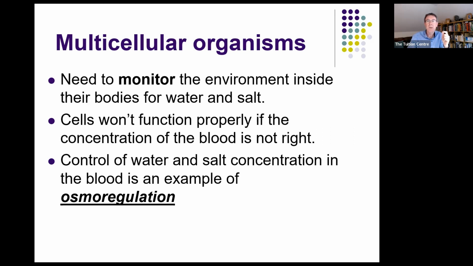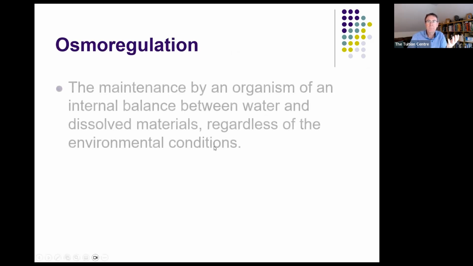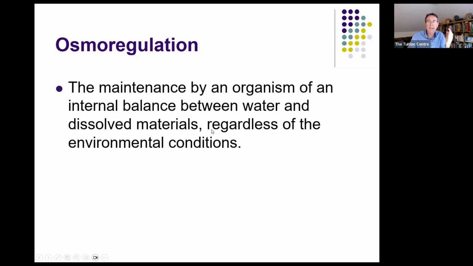So you can see osmosis and osmoregulation are obviously related words, right? So it's to do with the water levels, the water concentration, and therefore also the salt concentration or the dissolved substances concentration, so sugars and things as well, of the internal environment. We call that osmoregulation. So this is the definition: maintenance of the internal balance between water and dissolved materials, regardless of whatever's happening in terms of the environmental conditions.